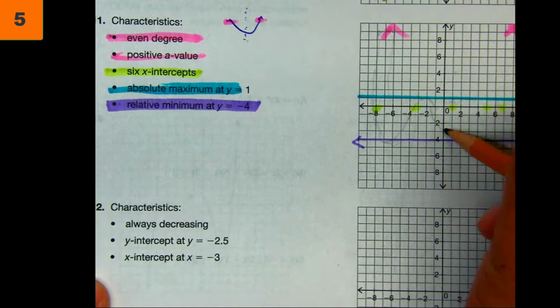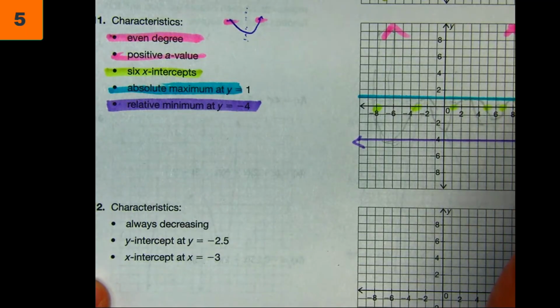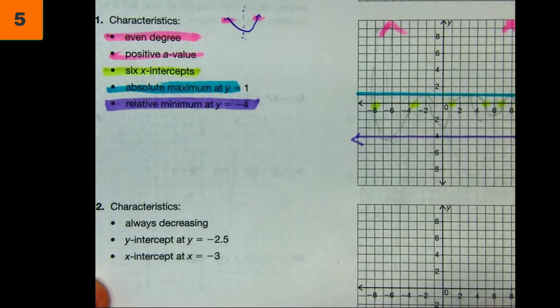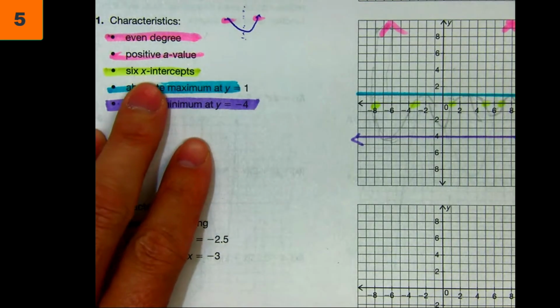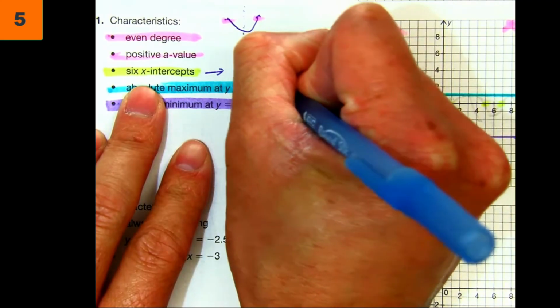Oh no. Can I do it like that? Oh no! Look at this. How many x-intercepts do I have? I have 6 of them.